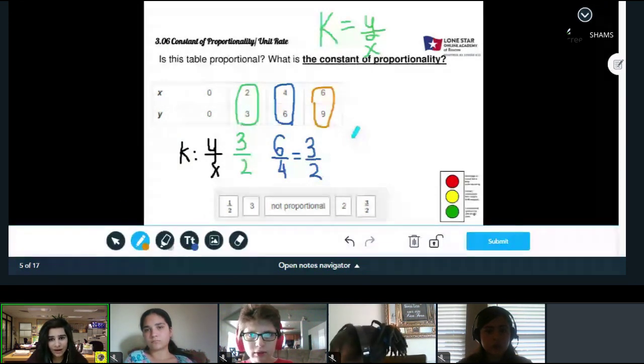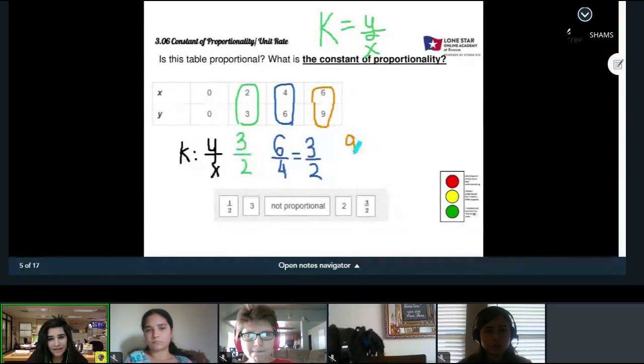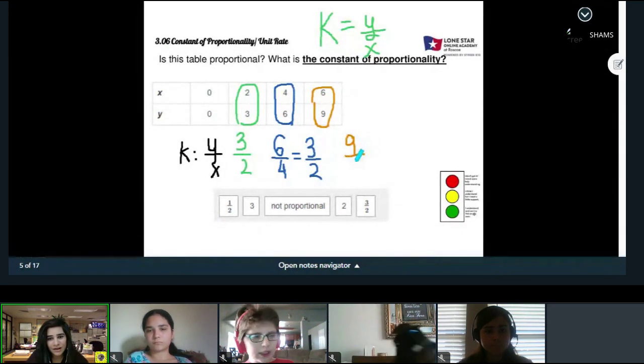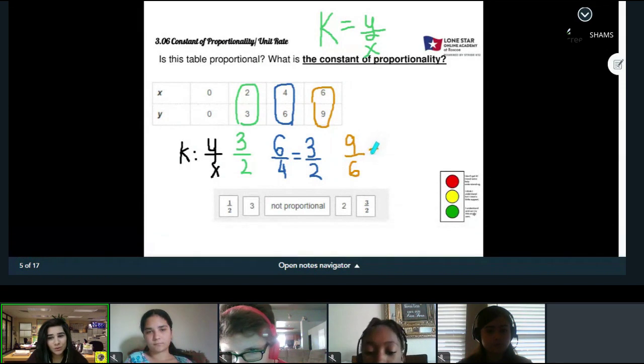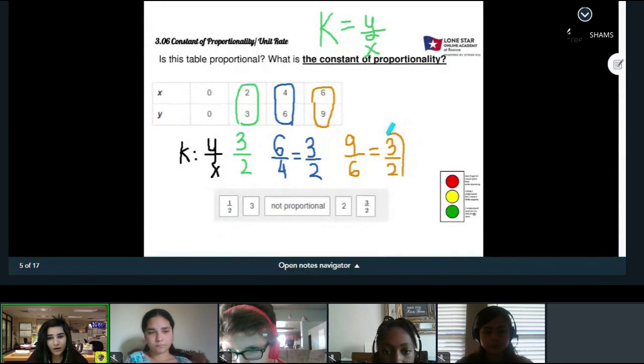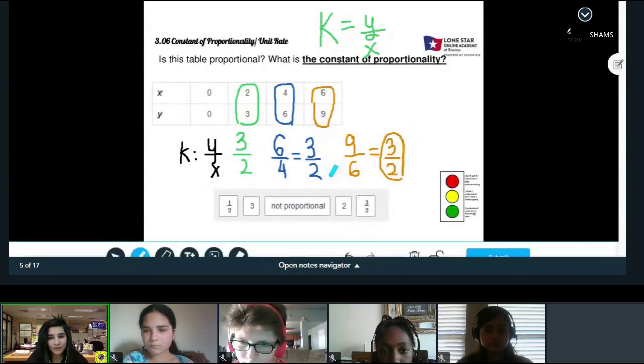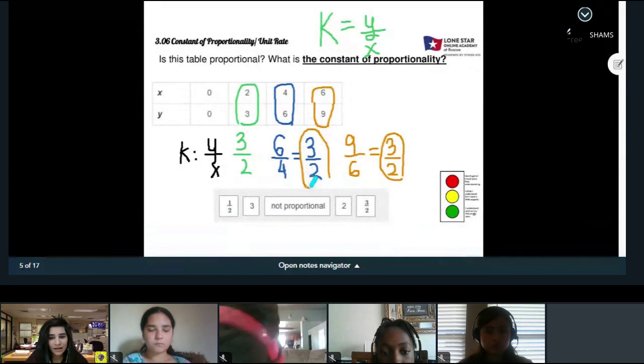Y is 9 and X is 6. I plan to reduce by 3. How many 3's go into 9? 3. How many 3's go into 6? It is 2. Ultimately, if you see, all of them reduce to 3 halves.